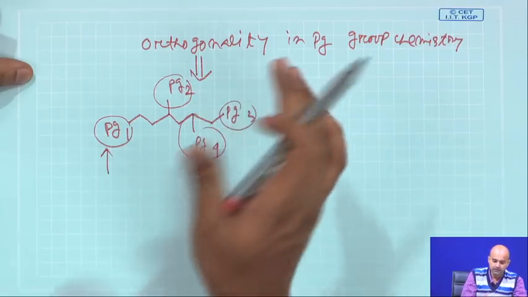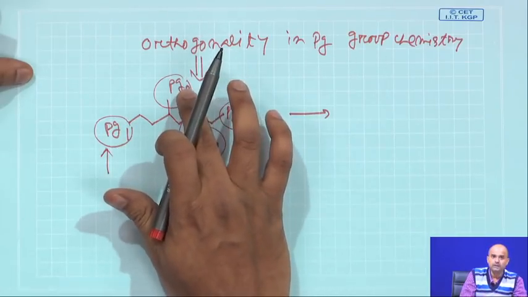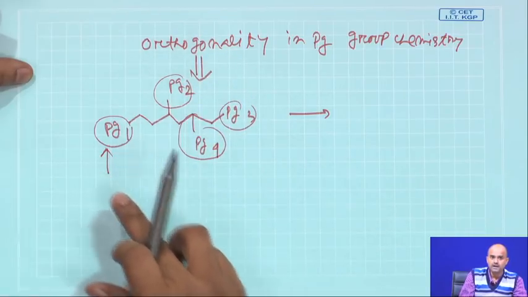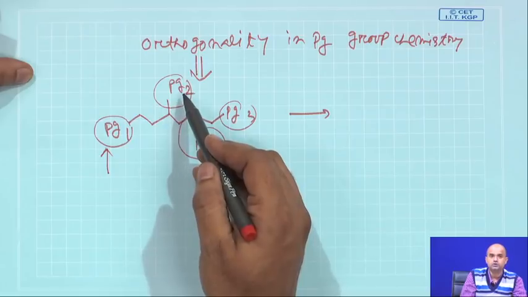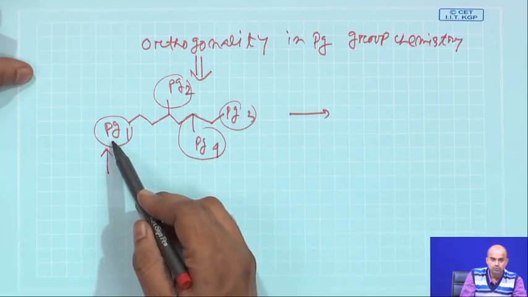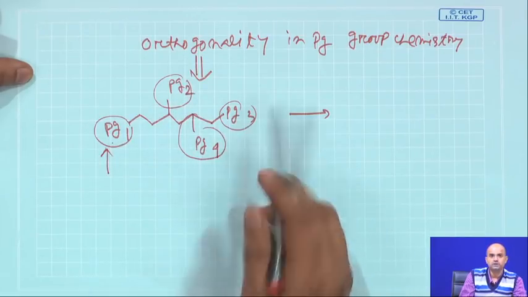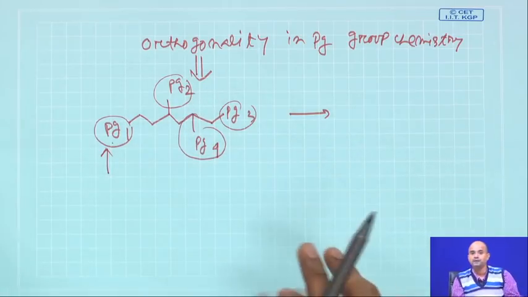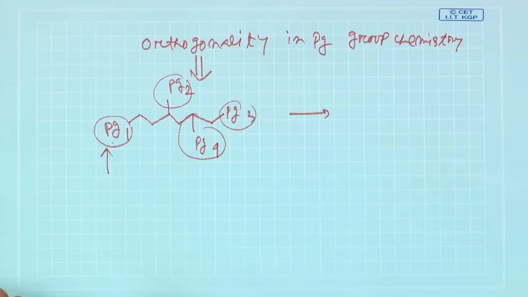Now, if I say you have to deblock only PG2 and you want to do FGI here, you need to find a reagent system which will only cleave PG2, and the remaining PG1, PG4, PG3 will remain intact. So, that is the main beauty or main challenge of finding orthogonality in protection group chemistry.